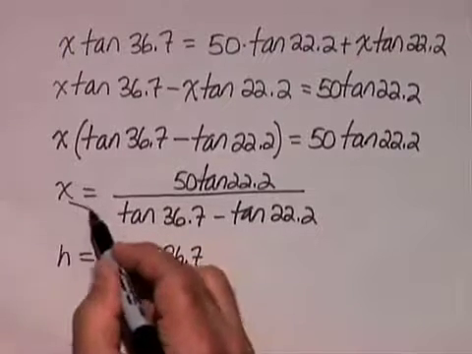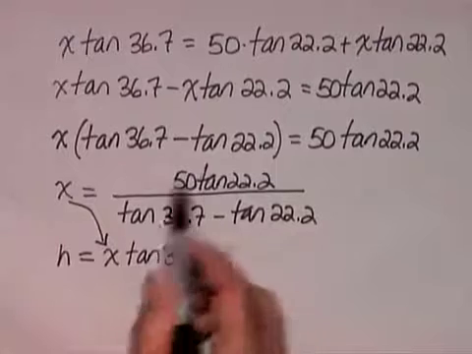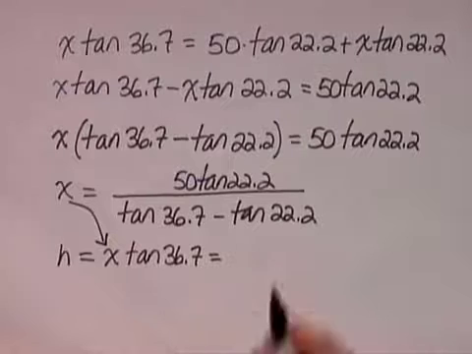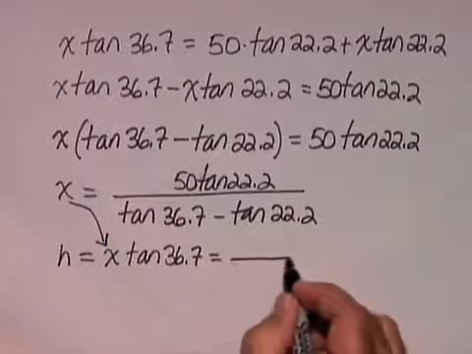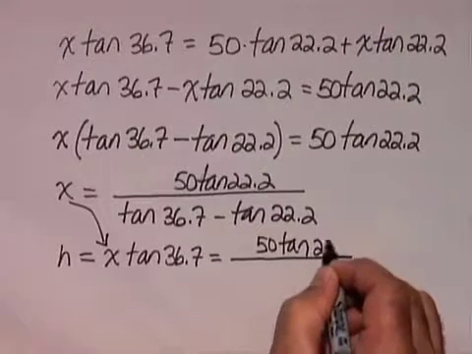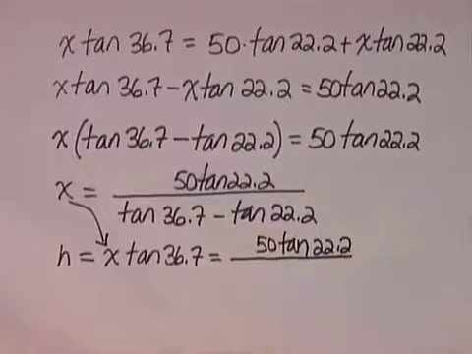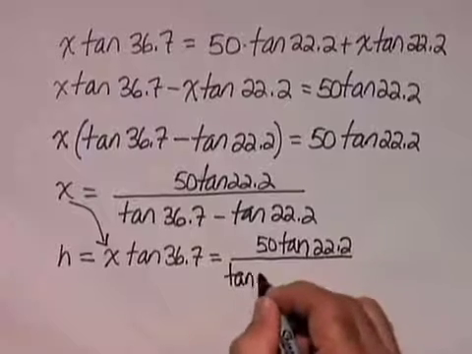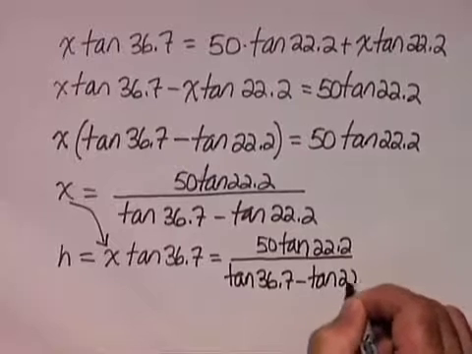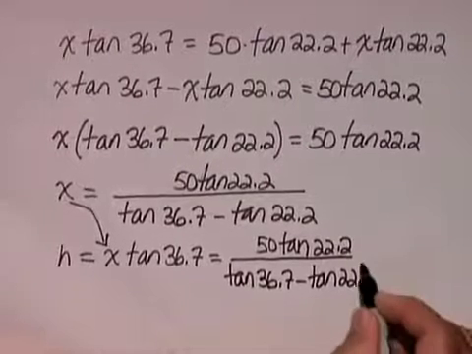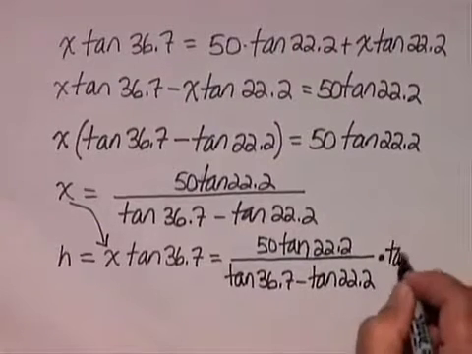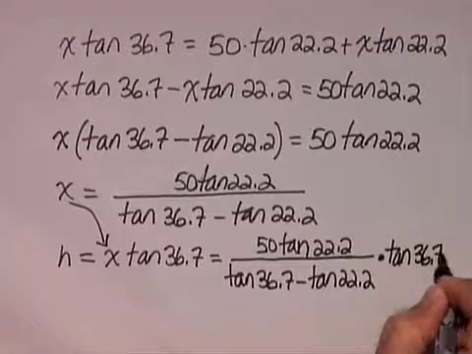And let's substitute the value of x that we've just calculated here to say that h would be equal to 50 times the tangent of 22.2 divided by the tangent of 36.7 minus the tangent of 22.2, times the tangent of 36.7.